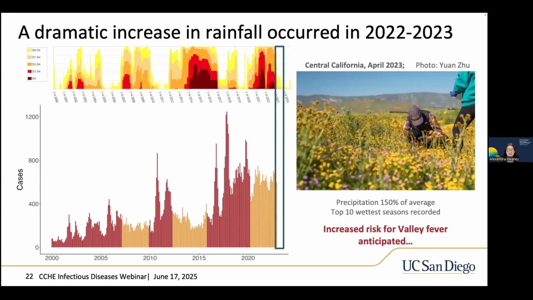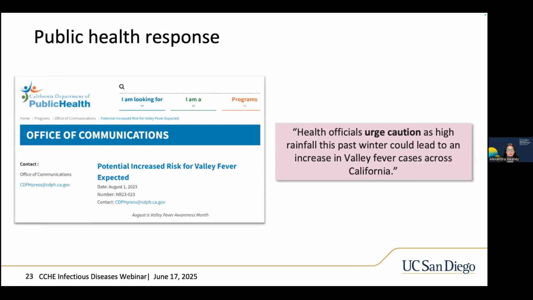And this is that same field site you're looking at here following those heavy rains. So a pretty significant shift in what this landscape looks like going from that drought period to a period of heavy rainfall. Based on our prior findings, this extreme drought followed by heavy rainfall led to a lot of concern about another spike in valley fever cases.